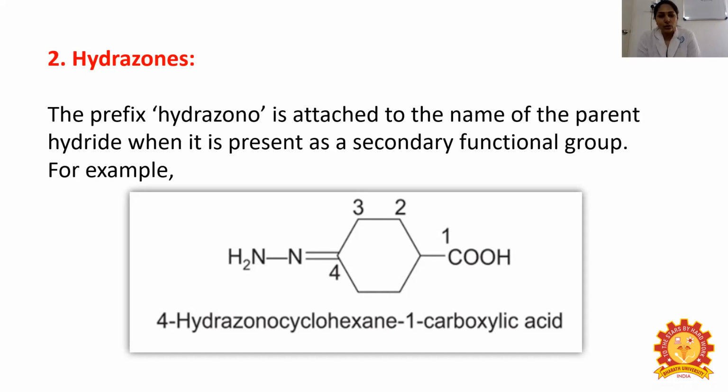The amino group is attached to the nitrogen. So in cyclohexane, carboxylic acid is attached to the first position, and then 4-hydrazono. We have to mention that 4-hydrazono.